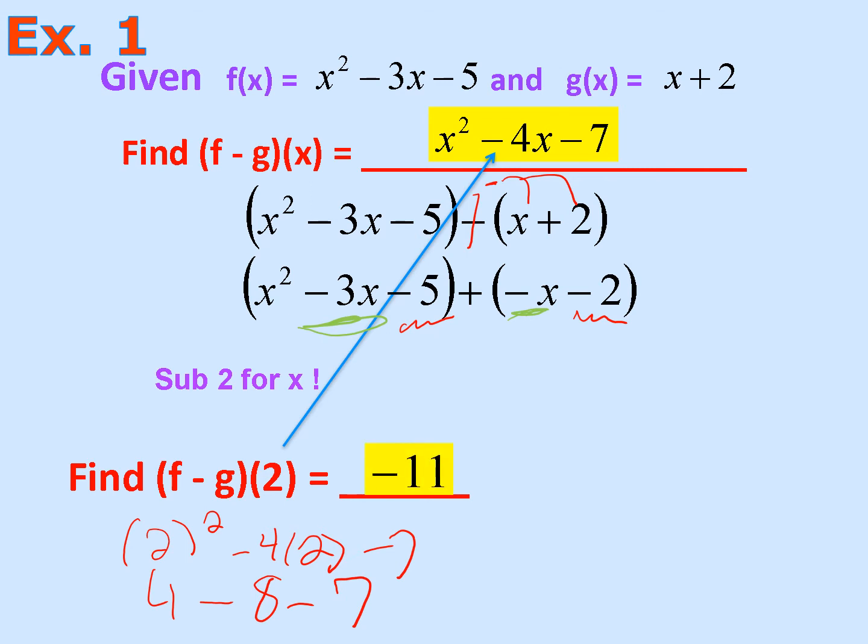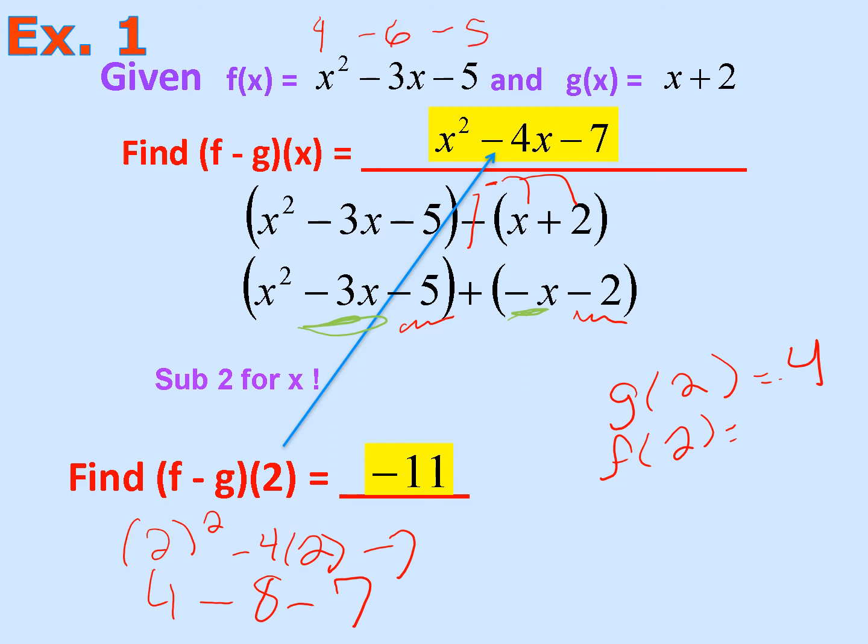Now, if you didn't have to find the function first, if they just said find f minus g of 2, you could have done g of 2 is 2 plus 2, so that's 4. And then f of 2: 2 squared is 4, 3 times 2 is 6, minus 5.